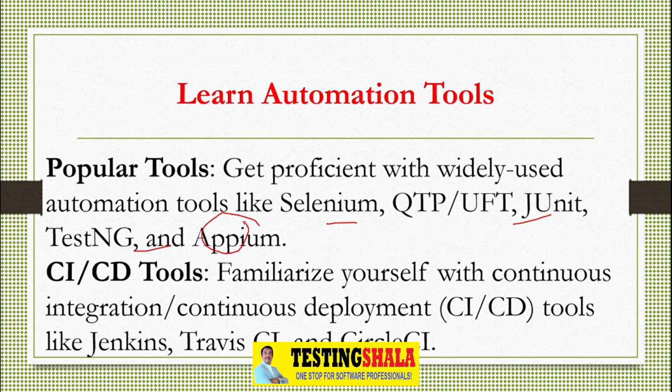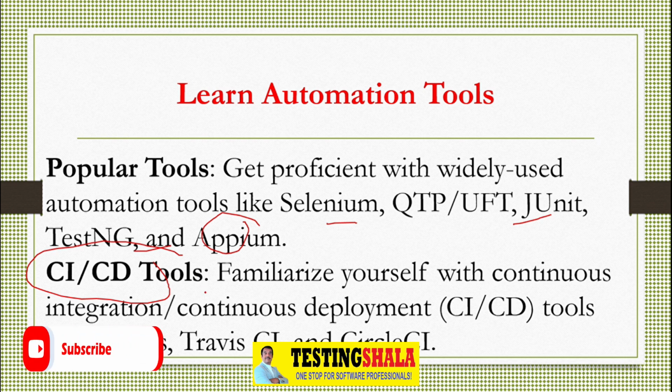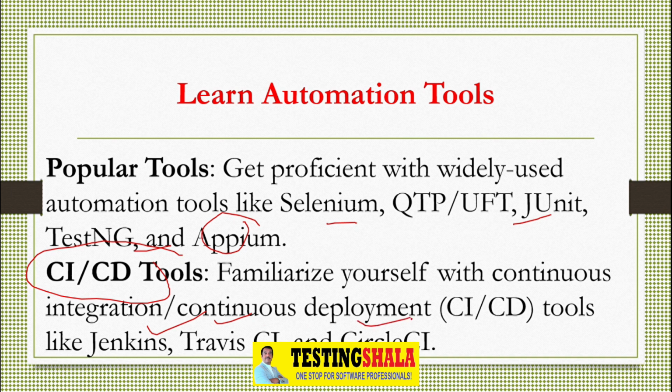Apart from that, you should also learn continuous integration and continuous deployment tools. You should be familiar with Jenkins, Travis CI, and CircleCI. You should have well-versed knowledge in these tools, because these days everywhere we will be using these automation tools as well as CI and CD tools.